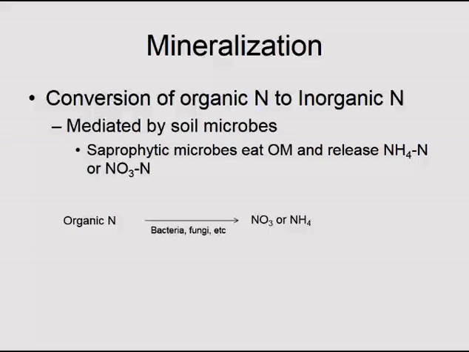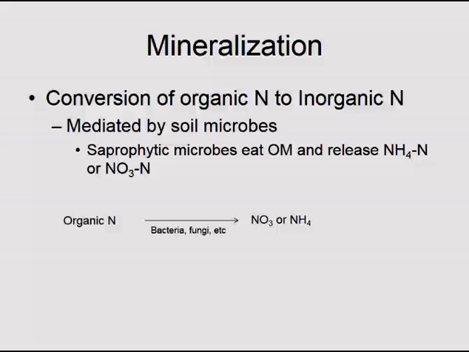Now, mineralization. Remember what this is. Mineralization is the conversion of organic N to inorganic N. And again, this process is mediated by soil microbes, okay? And remember what saprophyte means? These are the opportunistic microbes.